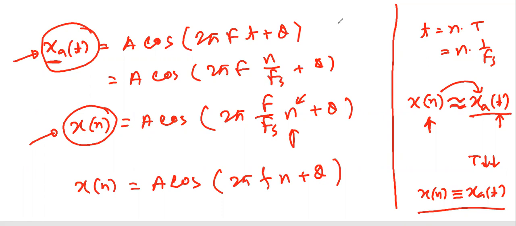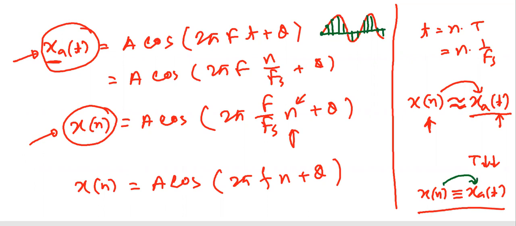So x_a(t) has all the values, it is a continuous one. But what about x[n]? You have some sample data. If I draw the line, you have only some sample data. Now, if you increase the sampling frequency, it can be very close to x_a(t), but it will never be equal.